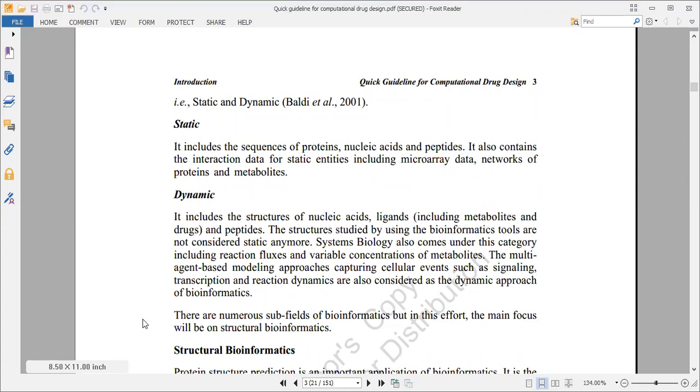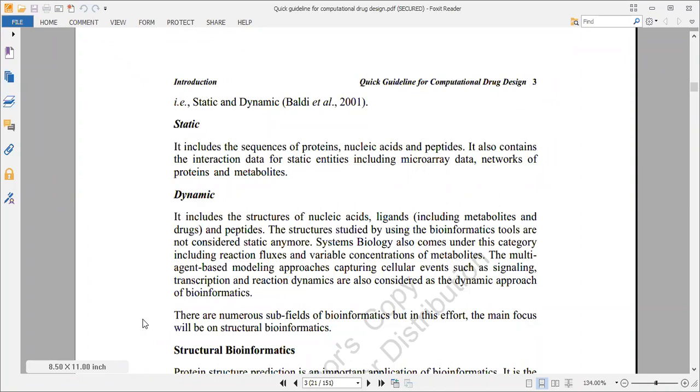Static includes the sequences of proteins, nucleic acids, and peptides. It also contains the interaction data for static entities including microarray data, networks of proteins, and metabolites. Dynamic includes the structures of nucleic acids, ligands including metabolites and drugs, and peptides. The structures studied by using the bioinformatics tools are not considered static anymore.